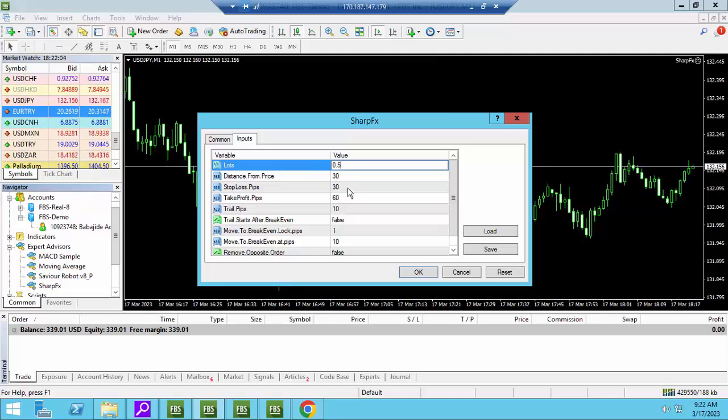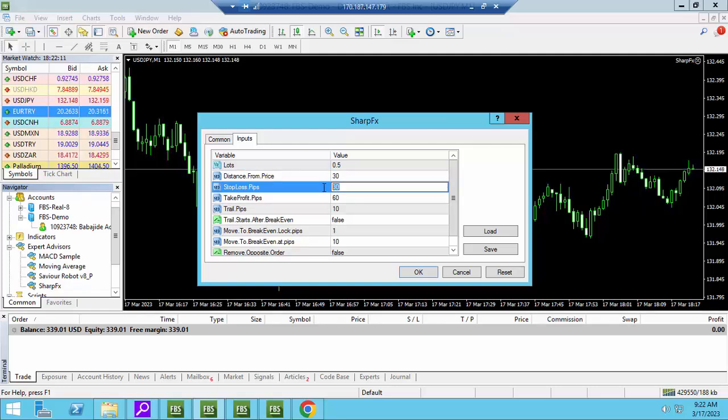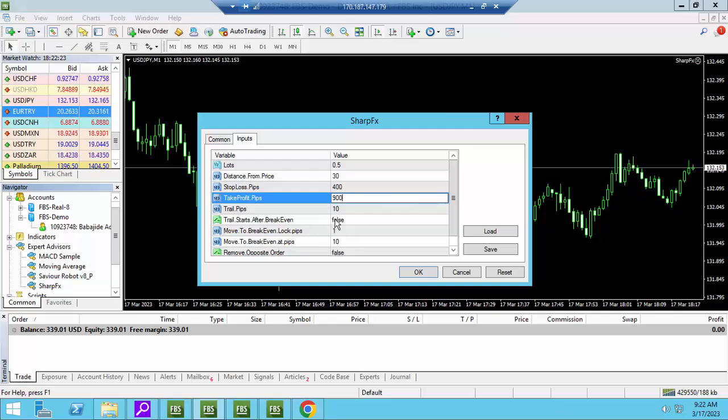Stop loss. In this stop loss now, we want the stop loss to be like 400. So with 40, we'll put 0 again. Then for take profit, we'll put it like 900, so that you can hit a very high trailing pip.